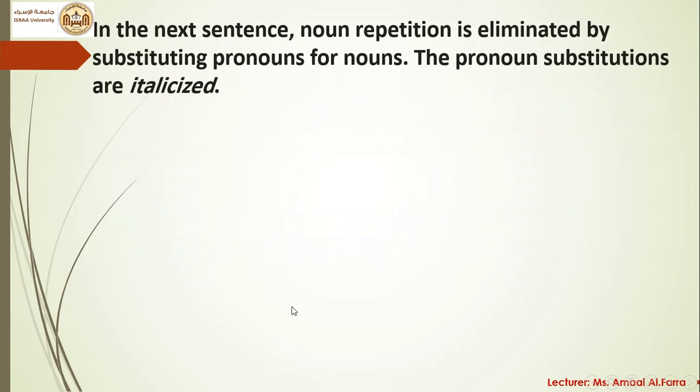In order to avoid that, we can use pronouns. In this sentence, noun repetition is eliminated by substituting pronouns for nouns. That means we deleted the nouns, we omitted them, and we wrote pronouns instead, in the place of the nouns. The pronoun substitutions are italicized.